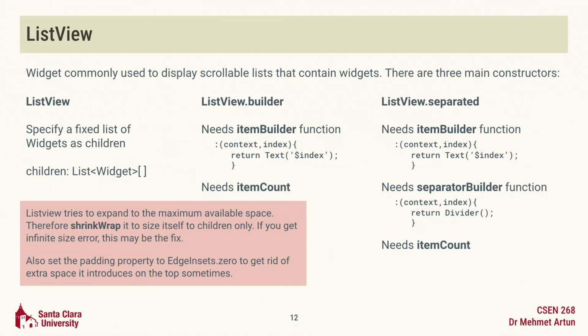Another thing, which I've never understood why, is that the ListView automatically sets a padding on top of itself. So when you show the ListView on a screen, it automatically shows a padding on itself. So if you don't want to see that padding, and usually I don't, it has a padding property which you need to set to EdgeInsets.zero.